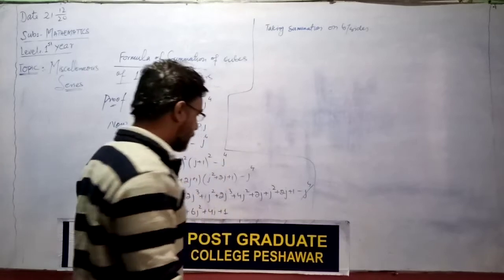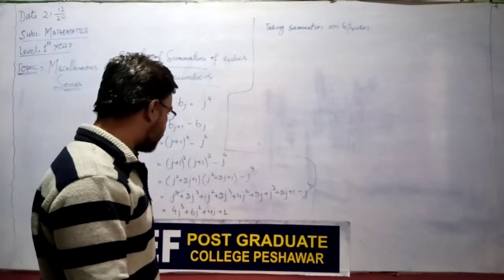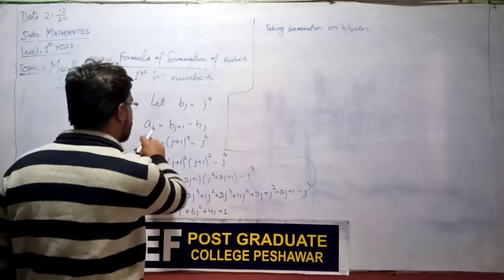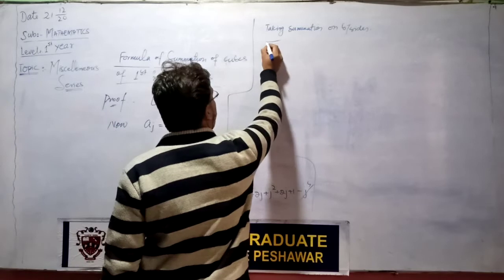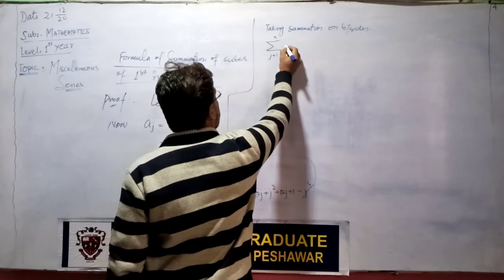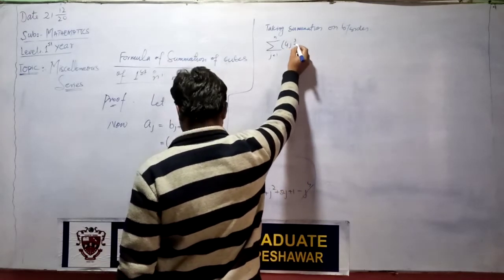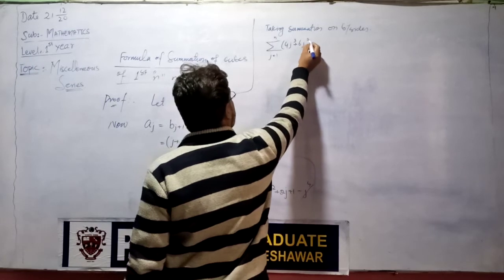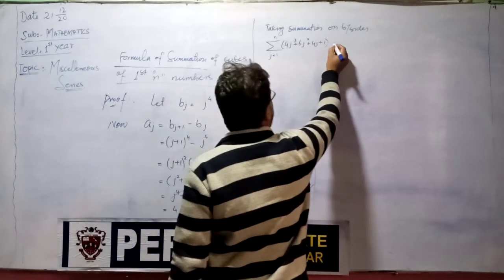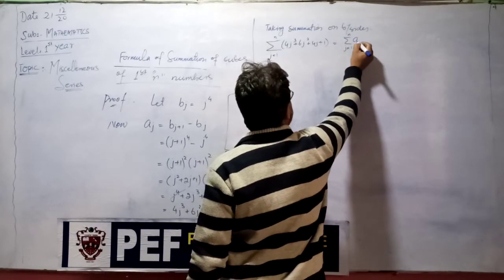For shortage of time, I'll consider the summation of this on the right and this on the left. j varies from 1 to n: 4j^3 + 6j^2 + 4j + 1, and on this side, j varies from 1 to n of Aj.